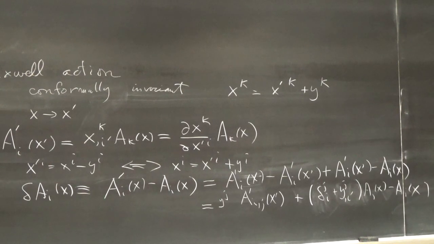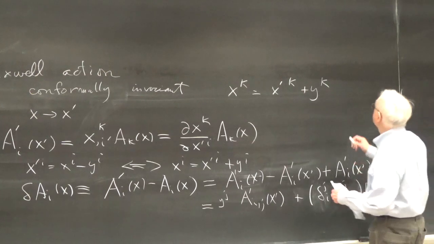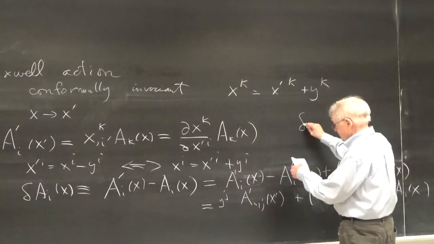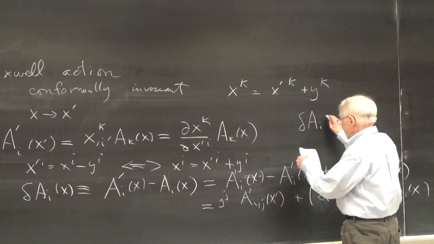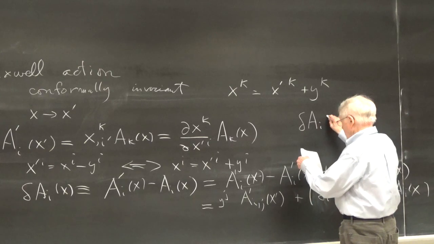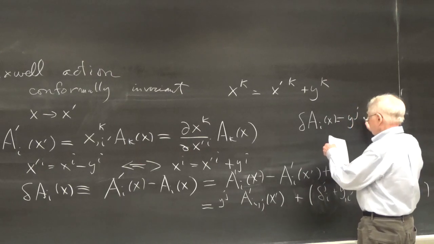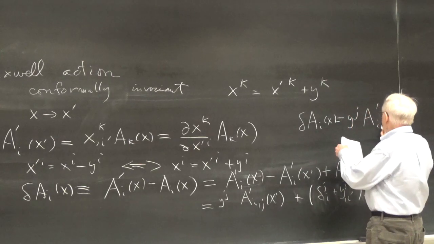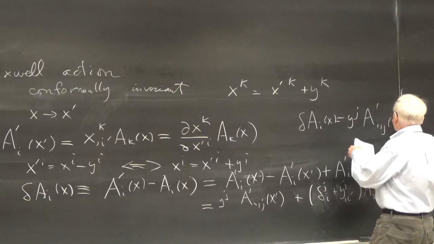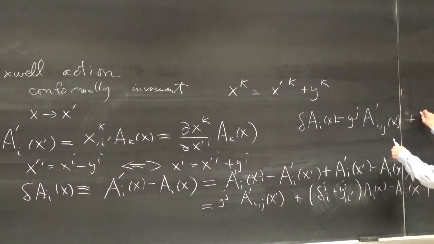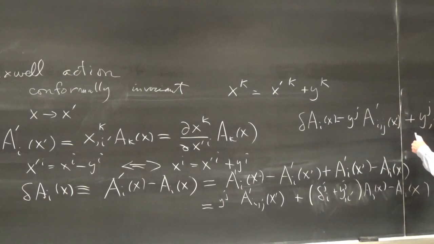So now what we can say is that the change in A_i of x is y^j a'_{i,j}(x') plus y^j_{,i} a_j(x).